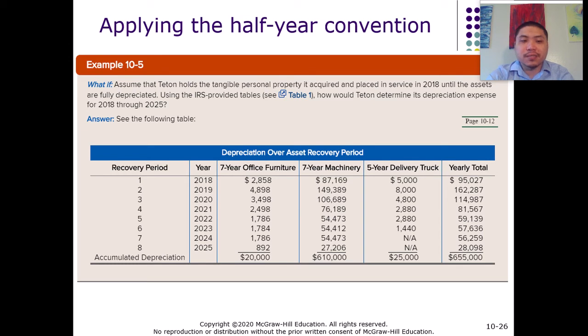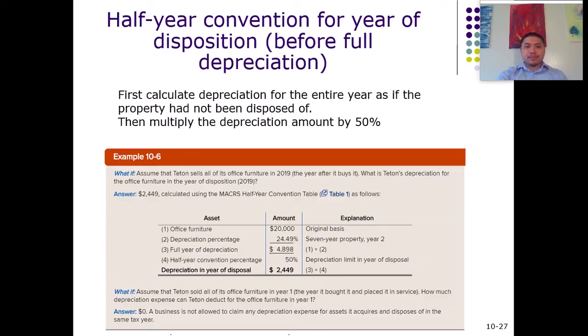That's why it makes it 8 years here. So even though the useful life is only 7 years, the 8th year is the year that they supposedly dispose of this asset.